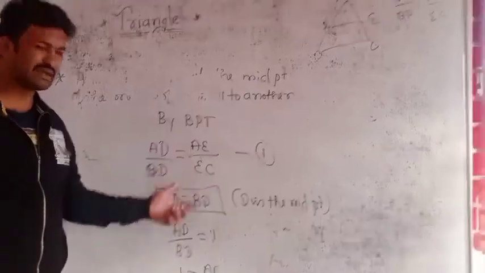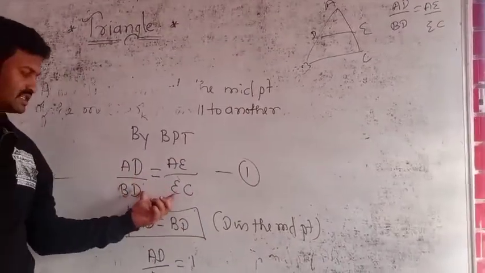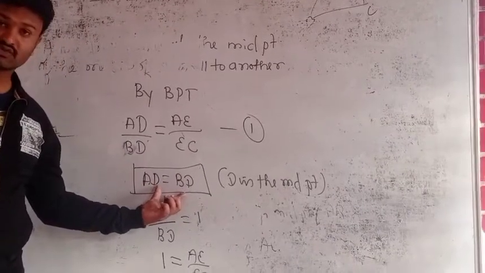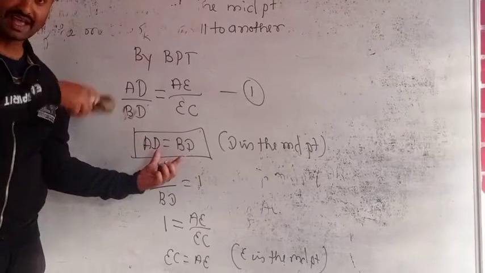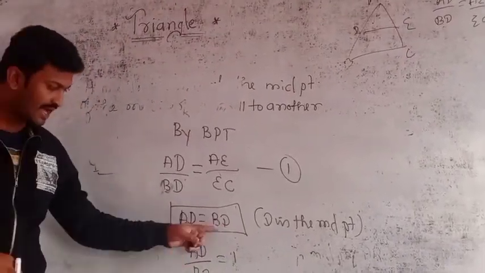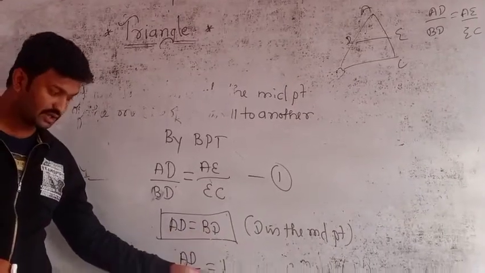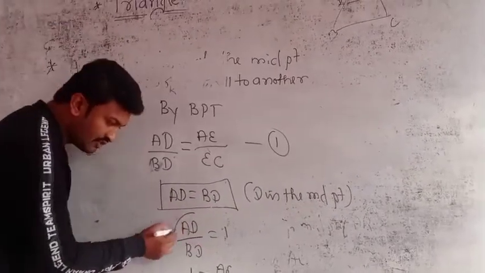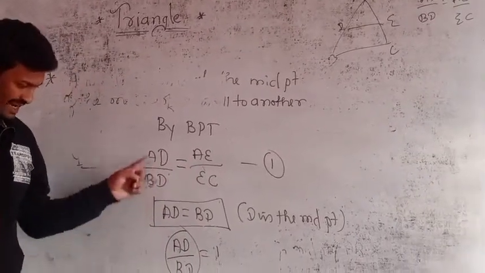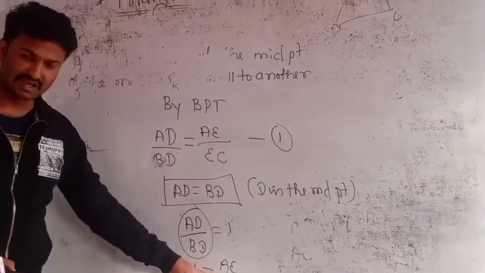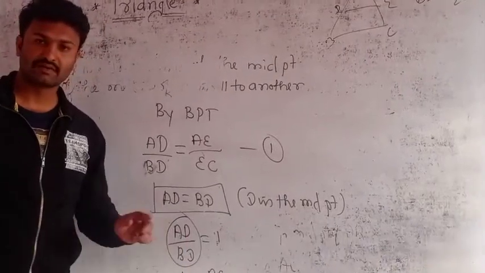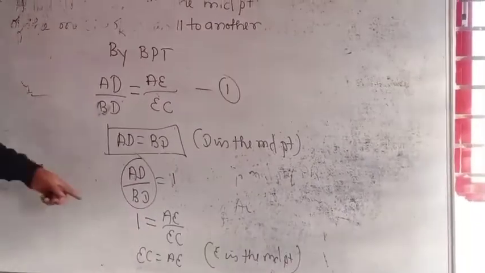Okay, this is because of the BPT theorem, and this is there in the question. Why did we write this one? D is the midpoint of AB, AD equals BD, this goes to the denominator, and 1 remains. We got the value of AD by BD, substitute in equation 1, replacing AD by BD equals 1. 1 equals AE by EC. Then cross multiply, we get the result. Okay, this is the answer. What we have to prove.